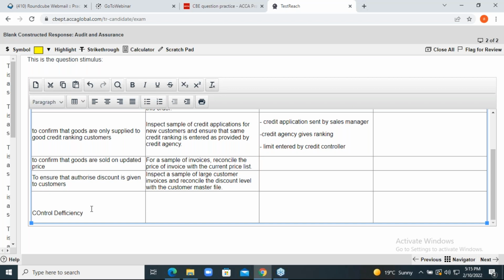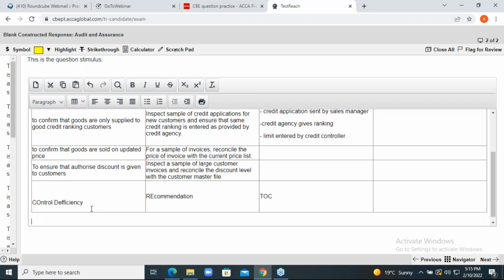Then we are going to write the recommendation, and then we are going to write the test of control that will be applied.